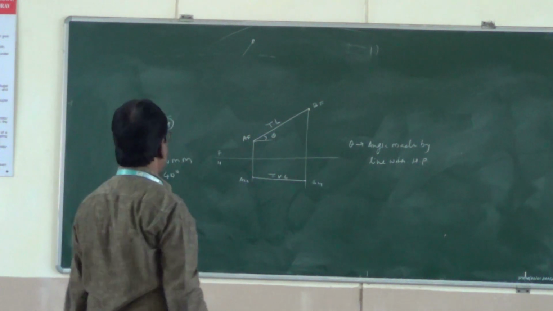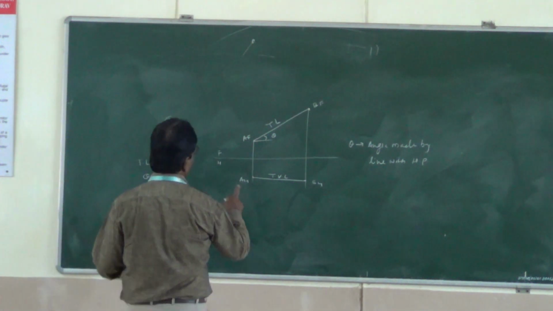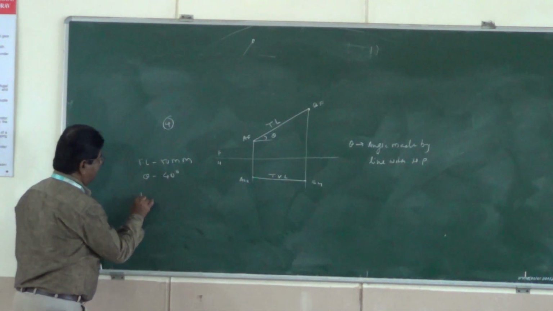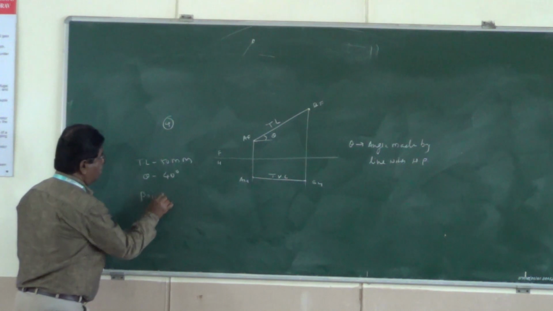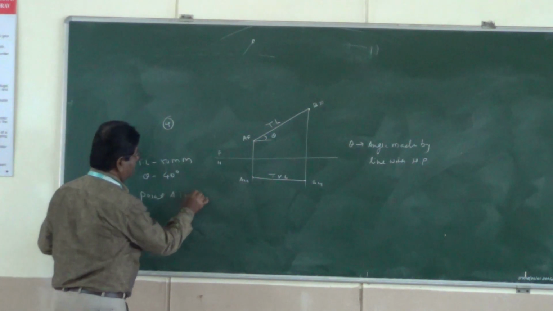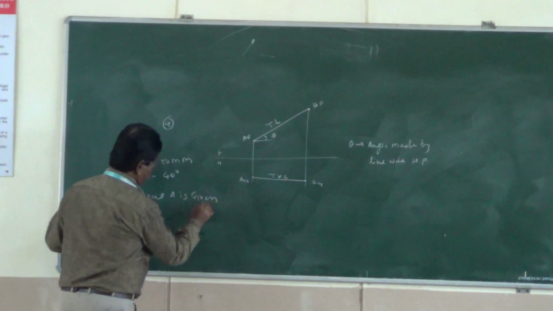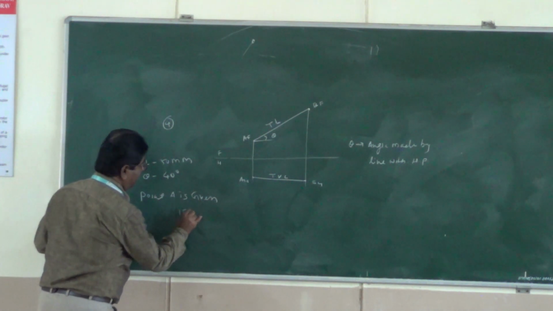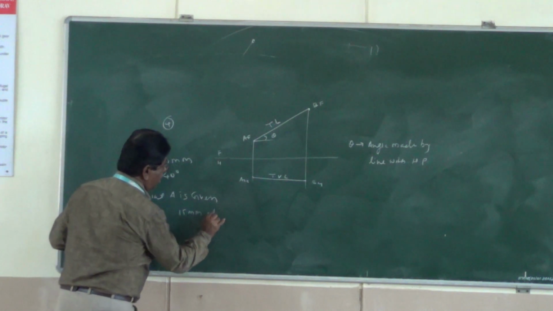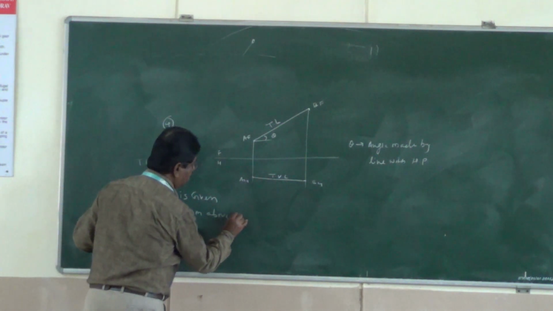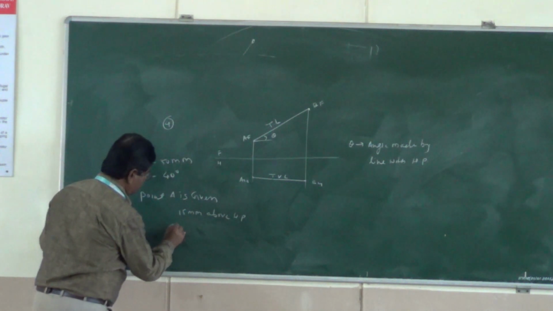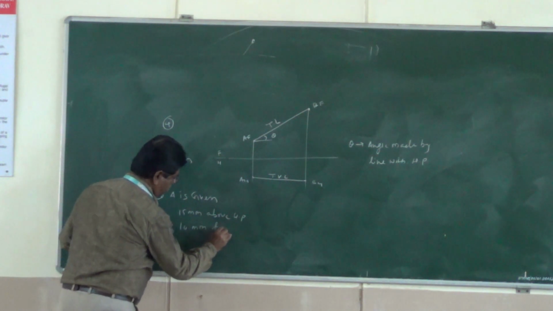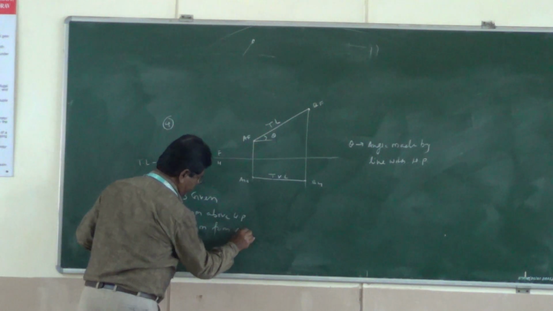So in projection of point, we have studied how to locate the points. Suppose here point A is given. A is given as 15 mm above HP and 10 mm from VP.